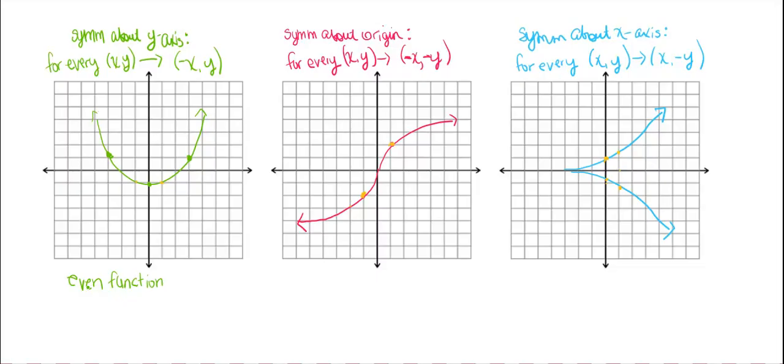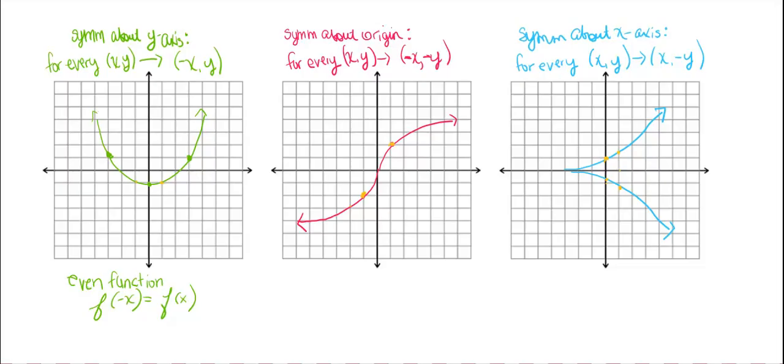The way that we define it is, a function f is even if for every x in the domain of f, f of negative x is equal to f of x. So in other words, if I were to substitute a negative x in for x and simplify it, I would get the same thing I started with, f of x. We'll do an example in a minute or two so you can see what I mean by this.